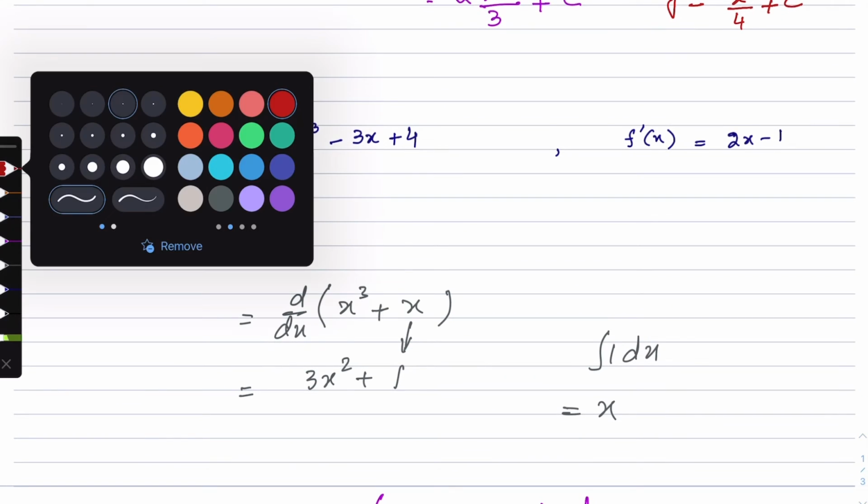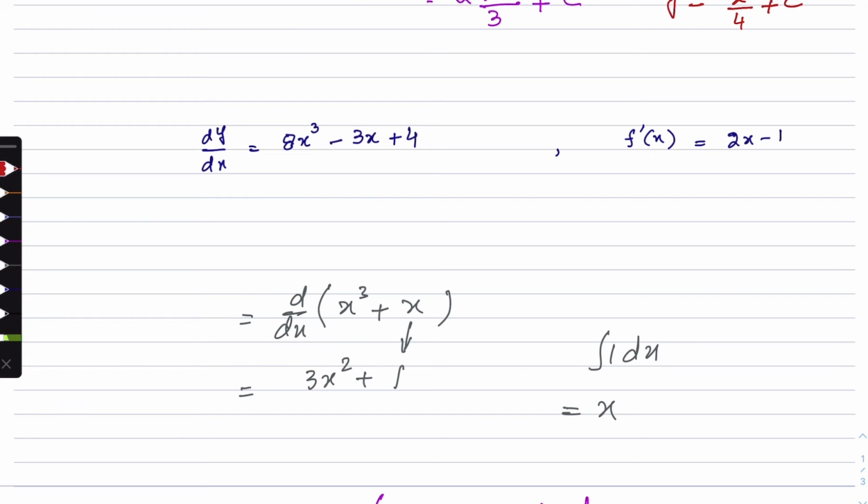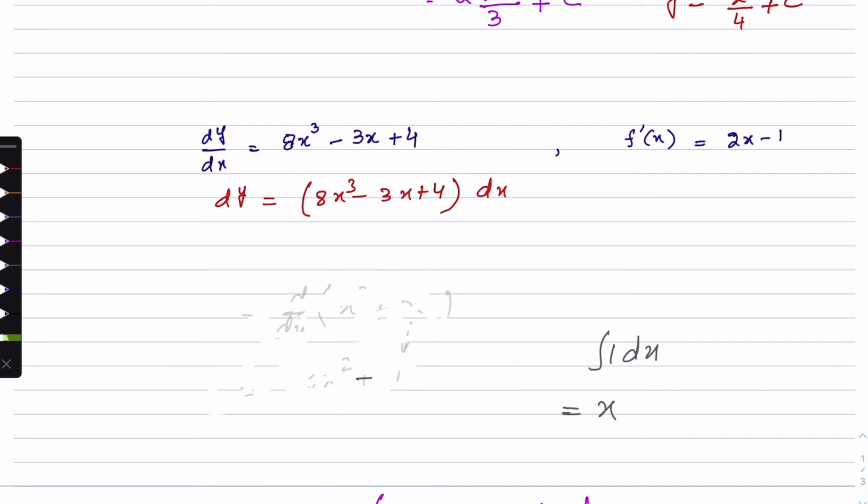Some more examples. Here we have dy over dx is equal to 8x cube minus 3x plus 4. We will write first dy is equal to 8x cube minus 3x plus 4 and dx on this side. Then we write the integral on both sides.